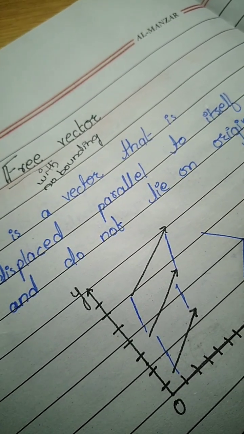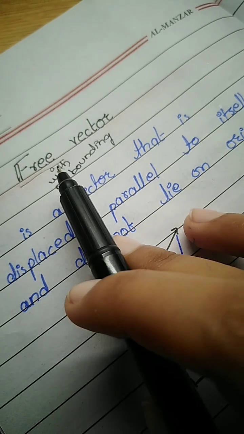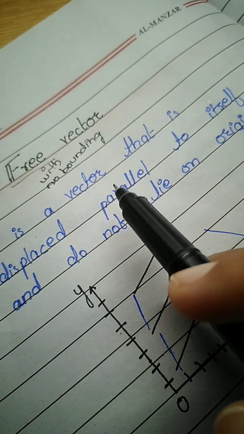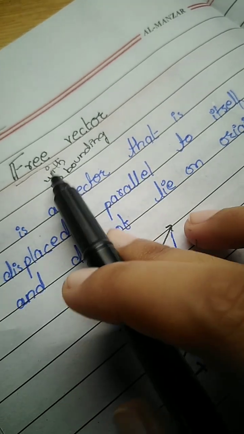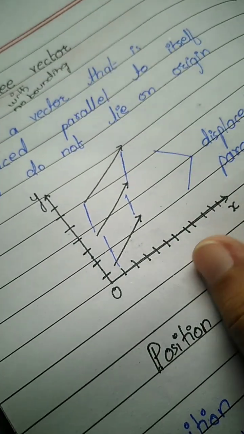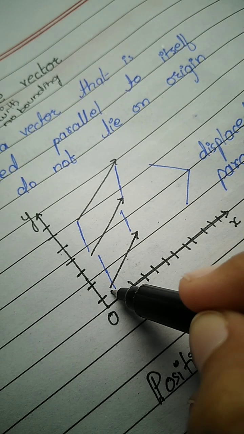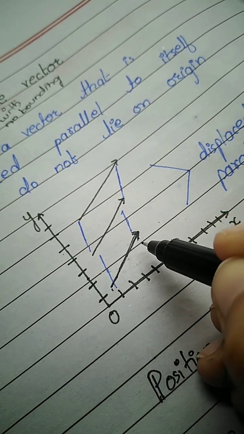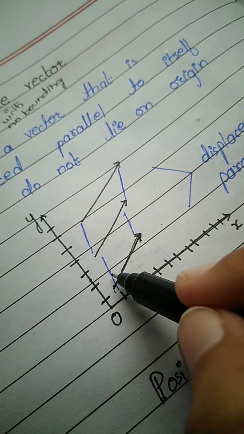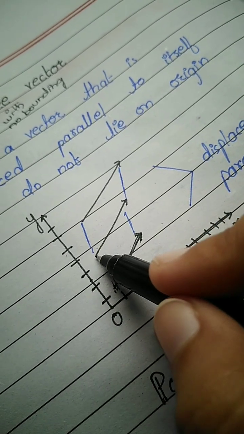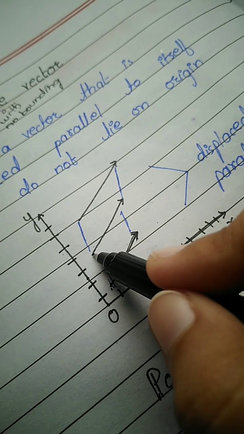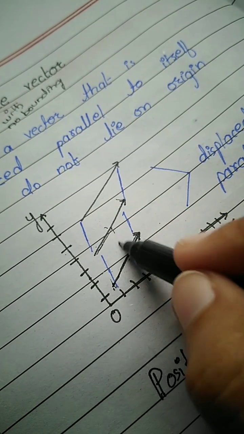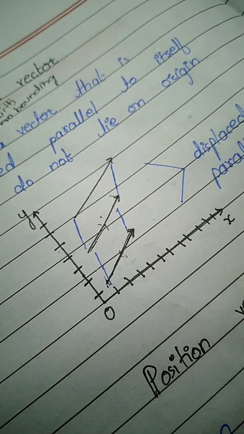It does not lie on the origin, which shows the freeness or no bounding of that vector. And it moves parallel, that is the identification of the free vector. Just suppose on the scale, an object that starts from 1 and goes like that. Then it moves above and starts from 3.1 to this. It is parallel to it, and this is called the free vector.